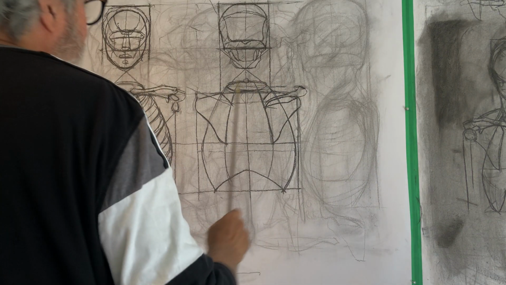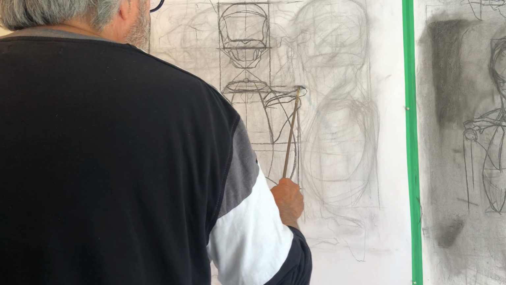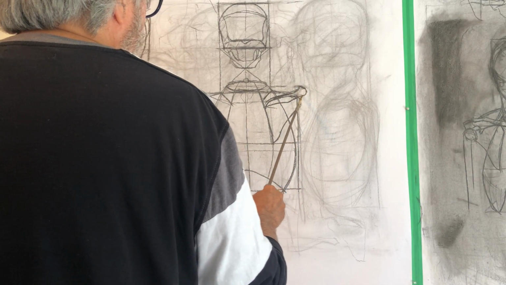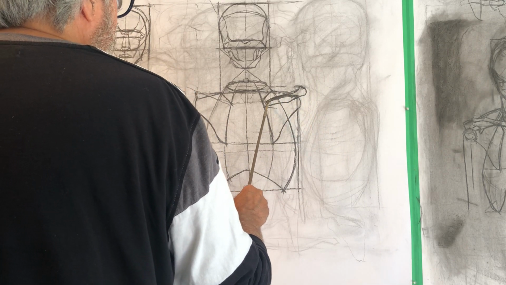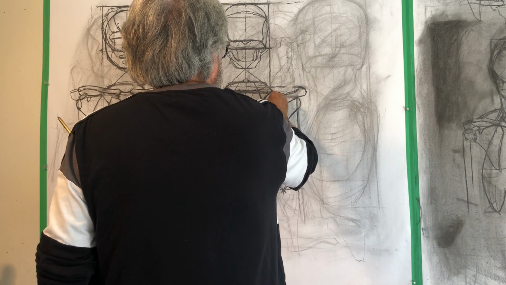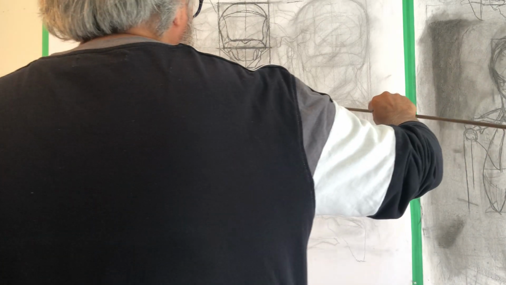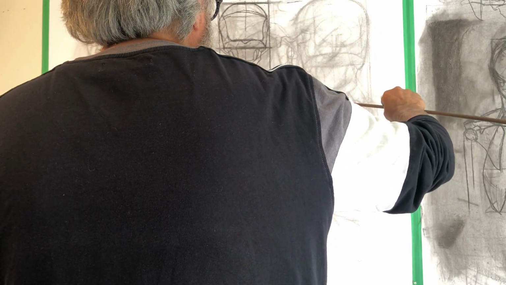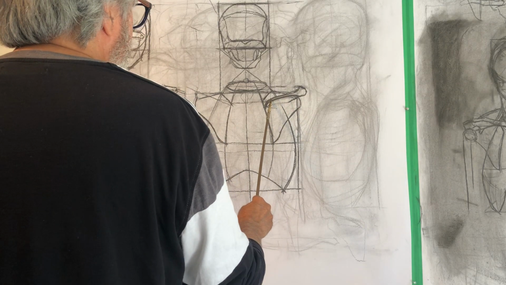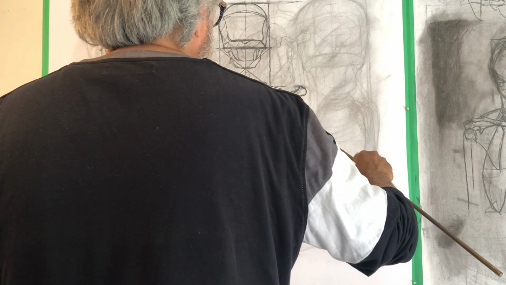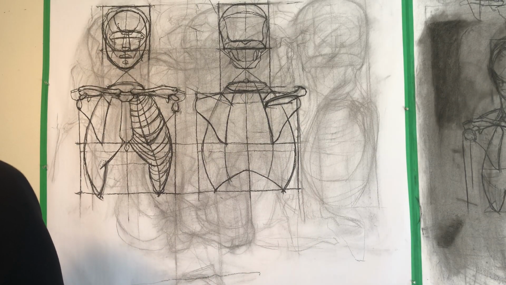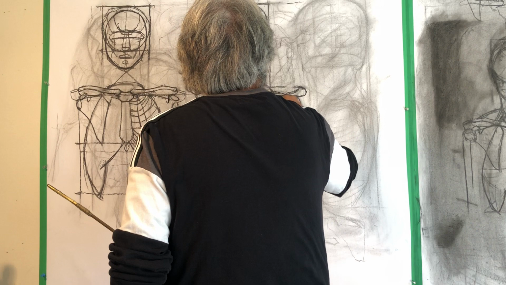Try to get rid of some of the construction lines so you can see it better. So this is going to swing around like that. Okay, that's better. So underneath, I'm just going to darken it a little bit so we can put on a plane.